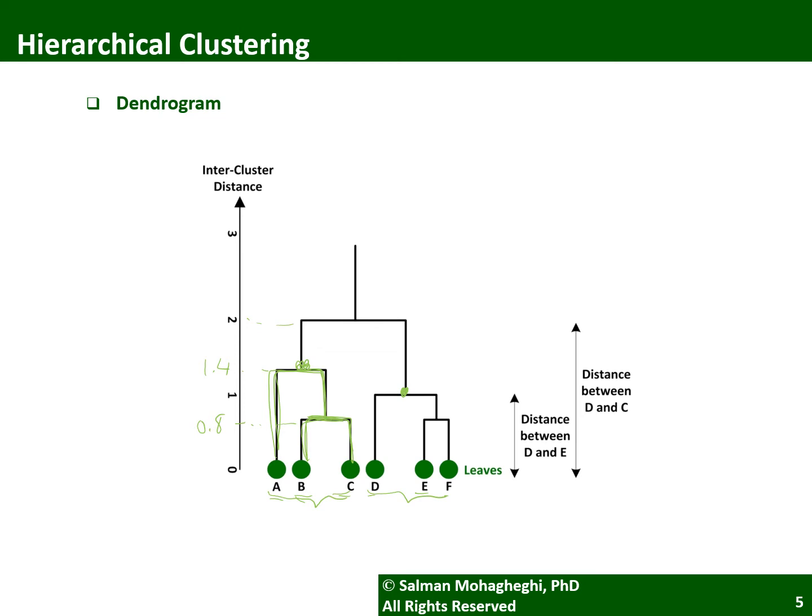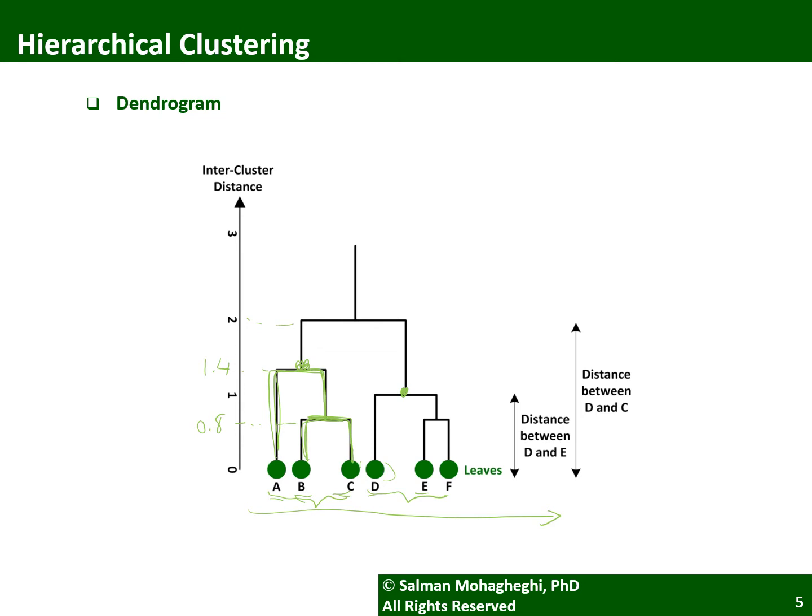The horizontal distance doesn't really indicate anything. So for example, if E and F were here, and D was on the other side, it wouldn't have made a difference. So horizontal axis, do not interpret it in any way. It's not indicating anything. Vertical axis, on the other hand, is indicating distance.